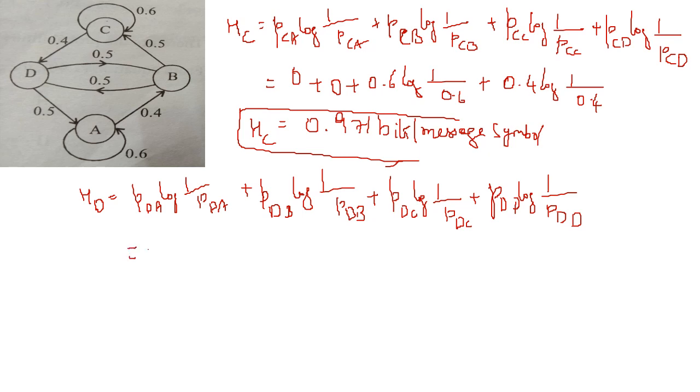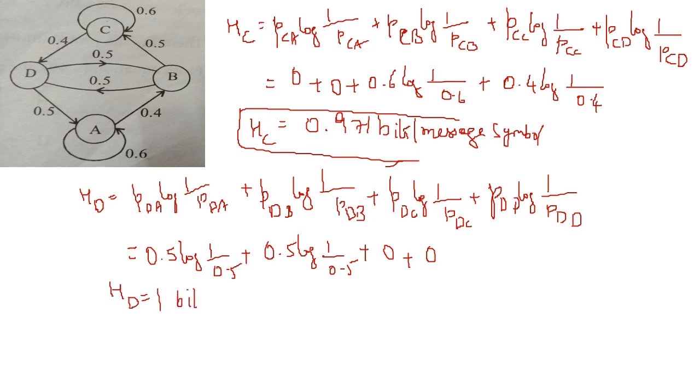So it will be equal to PDA is 0.5 log 1 by 0.5, PDB is 0.5 log 1 by 0.5, PDC is 0 and PDD is 0. So we'll get HD equal to 1 bits per message symbol. So this is HD of your given source.